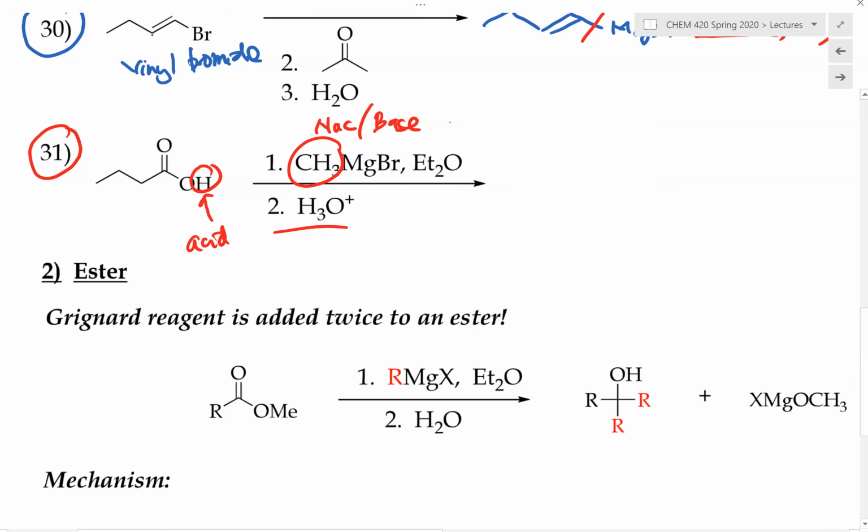Acid and base reactions happen a whole lot faster than nucleophilic addition. So the acid and base reaction will be the major reaction that happens first, where this Grignard reagent behaves as a base to pick up the proton from this carboxylic acid, and therefore deprotonates this carboxylic acid.